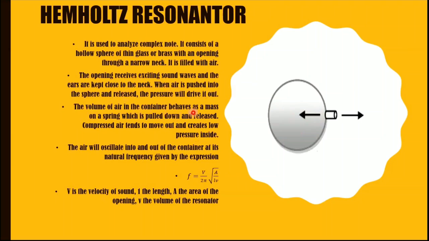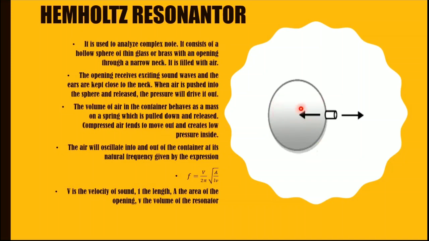The volume of air in the container behaves as a mass on a spring which is pulled down and released. We have already done this spring system earlier, so it is similar. That means the volume of air in the container will behave the same as a mass hanging on a spring. Compressed air tends to move out and create low pressure inside.